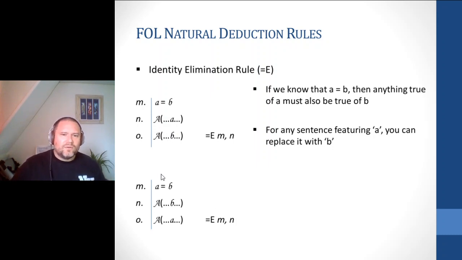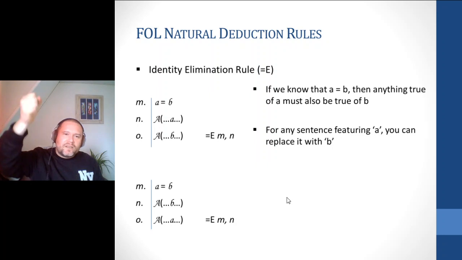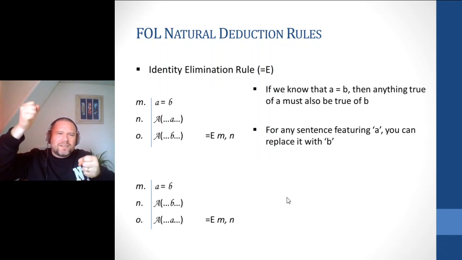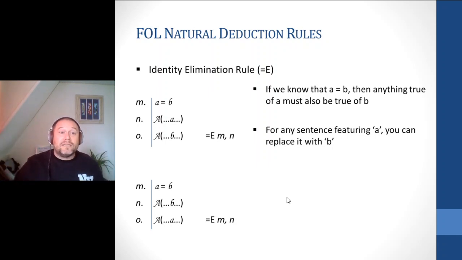If you know A is B, and you have a sentence featuring B, then you can use identity elimination to replace B with your name A. So these are very handy because if you've got some claim about a particular object at a certain point, and you've got a claim about what looks like another object, but you know that they're identical, you can play swapsies and replace names.